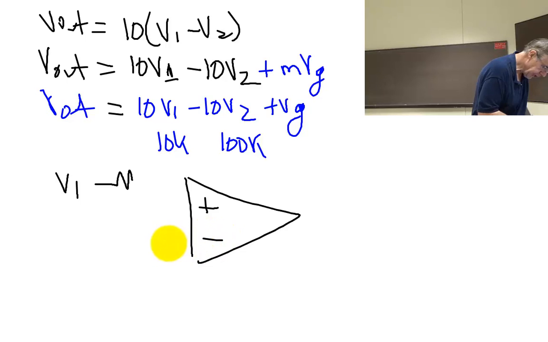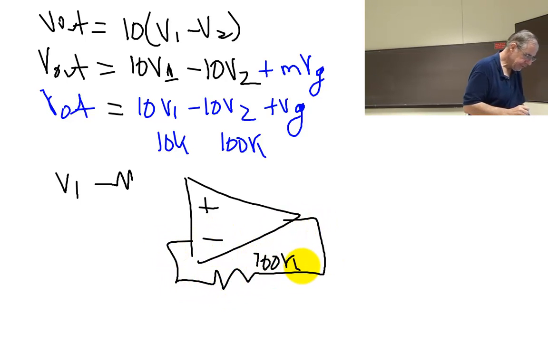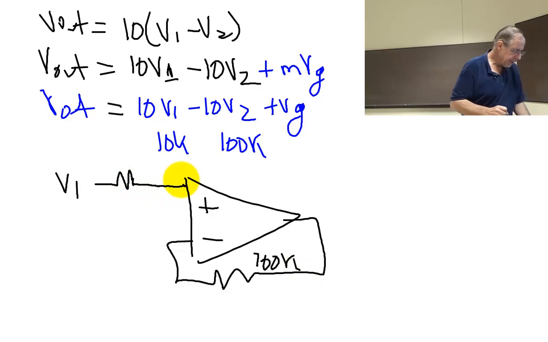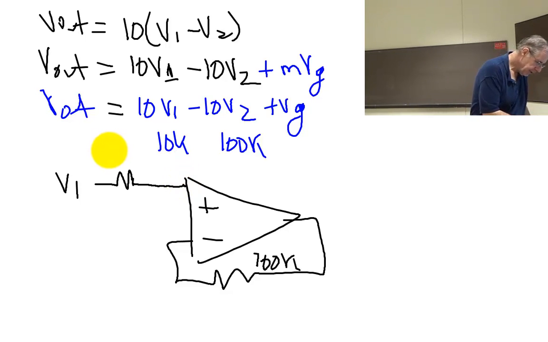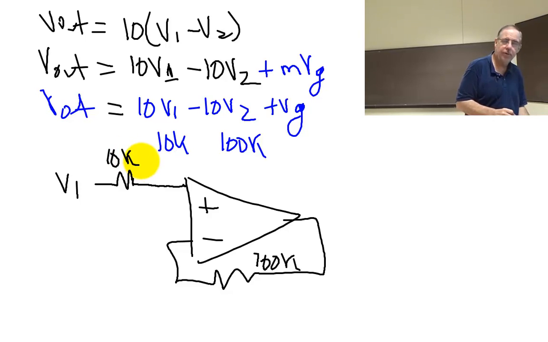Rule number 1, don't forget that. Okay, so the gain for V1 is going to be 10. So what resistor value goes there? 10K.